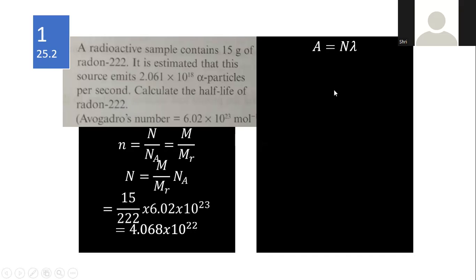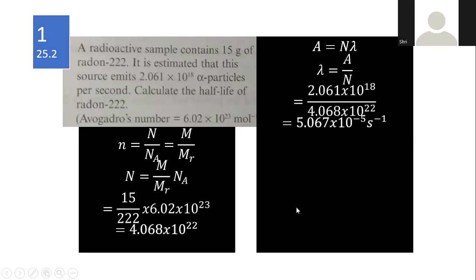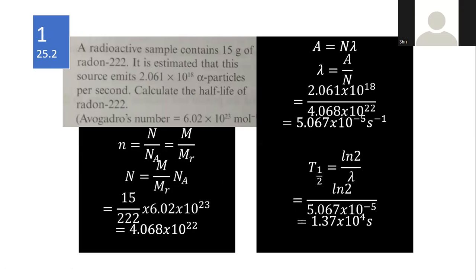Calculate your decay constant first, A over N. That's your N, that's your A. Then use your half-life formula, ln 2 over lambda. Anything not clear?